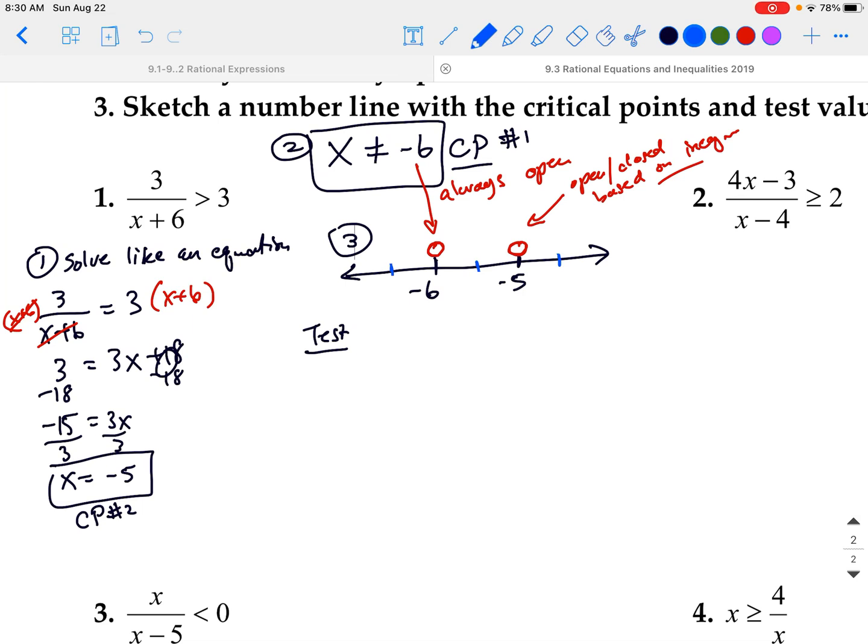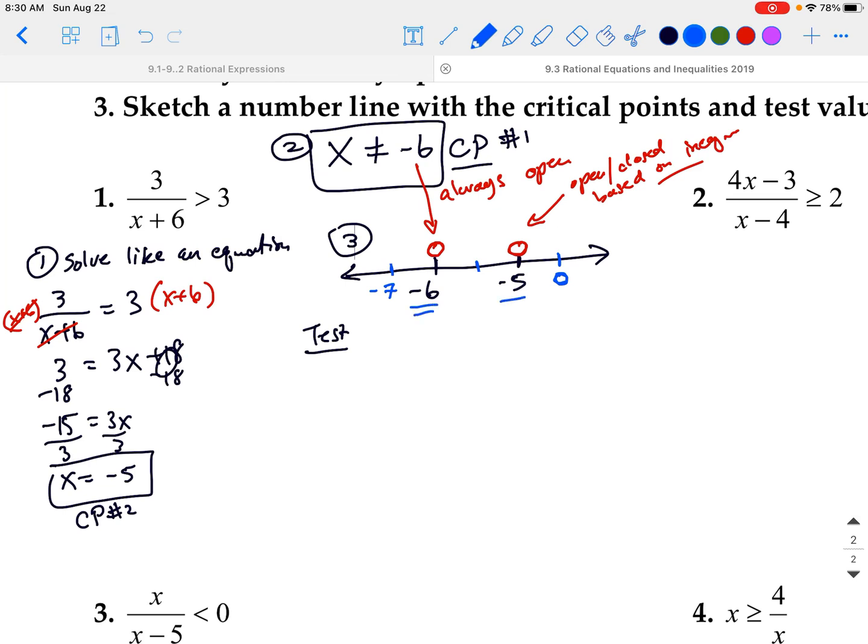The values you typically want are integer values, but we can't get that in the middle. But we can get that here. So we could test maybe negative 7. And then on the right, definitely test 0 if you can somewhere. So 0 will pop up typically unless it's a critical point itself.